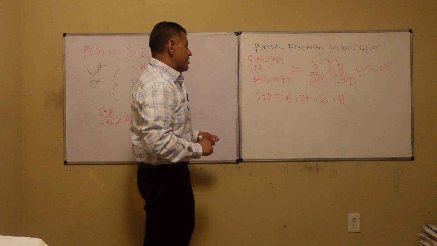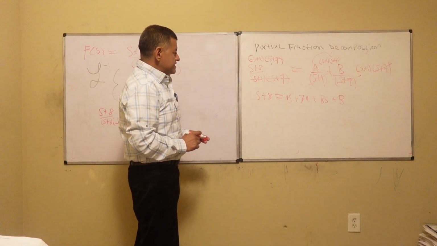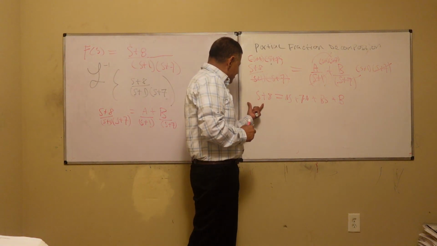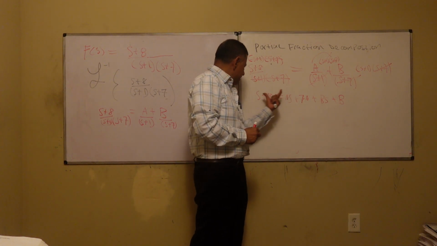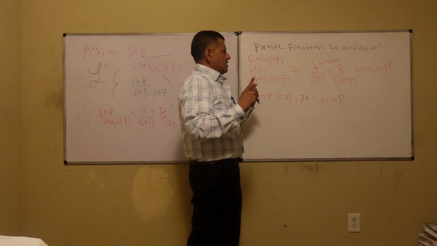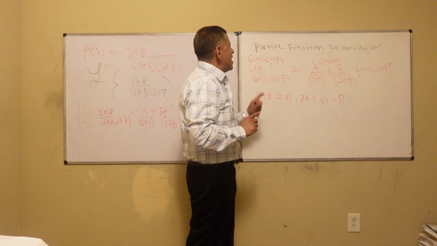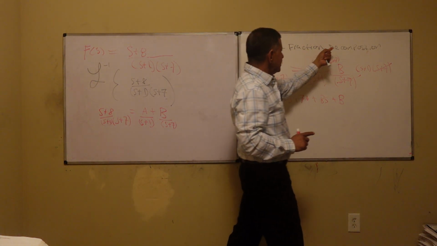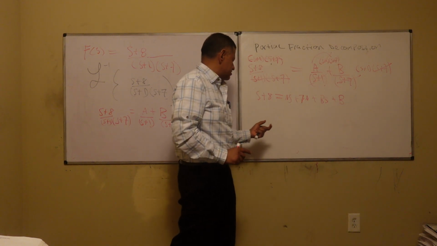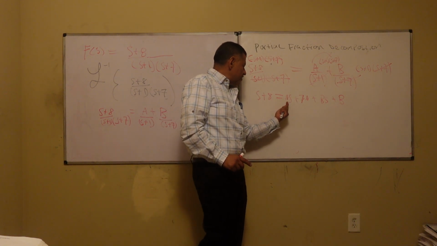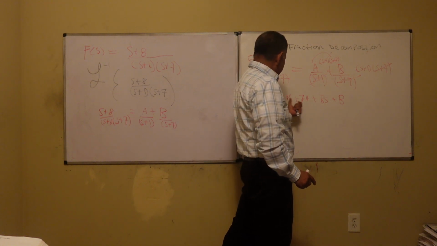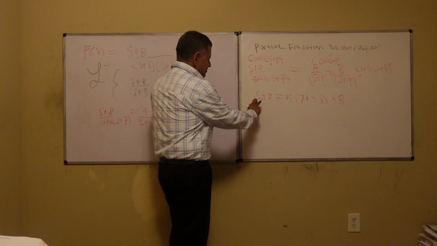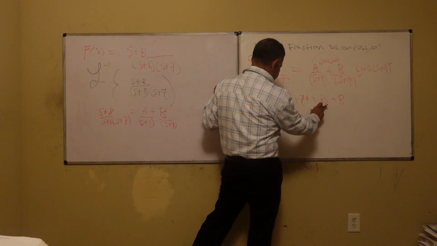Okay. So now, notice that what I am trying to match, whatever I have on the left, I have on the right. I am trying to get the coefficients. That's why this method is called partial fraction decomposition. I am decomposing the fractions to find values for A and B. Notice that over here I have an S, and I have an S right here, right?